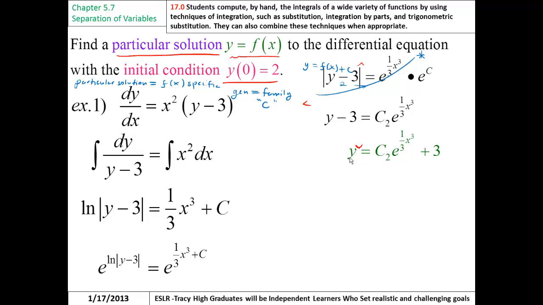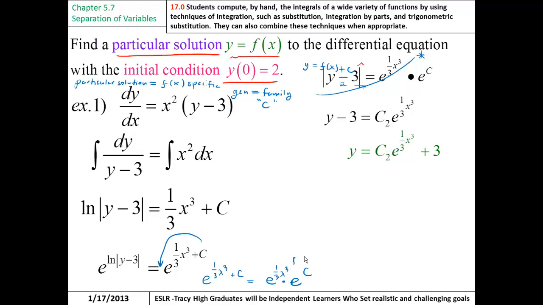Essentially, we get y minus 3 equals some constant c sub 2, because we're bringing this c down in front. We can view e to the 1/3 x cubed plus c as equal to e to the 1/3 x cubed times e to the c.